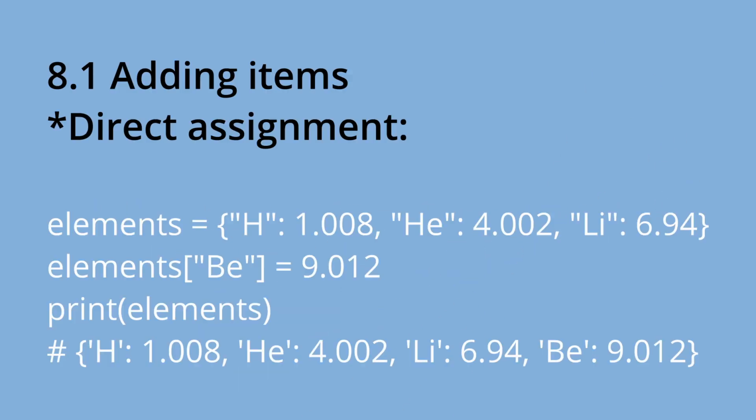Modifying dictionaries. Dictionaries are mutable. You can add, update, and delete items. We start with elements dictionary, adding items by direct assignment. elements['BE'] = 9.012. When you print elements, BE 9.012 is added to the dict.